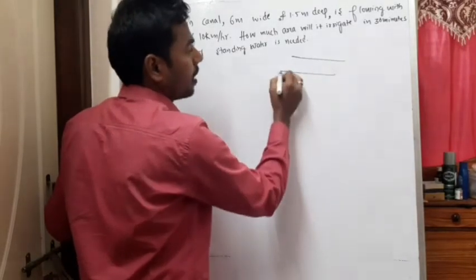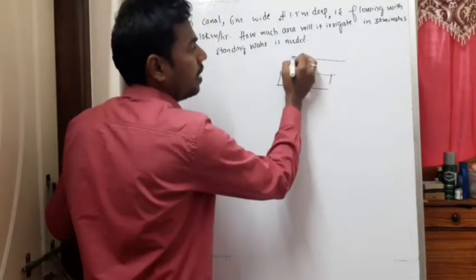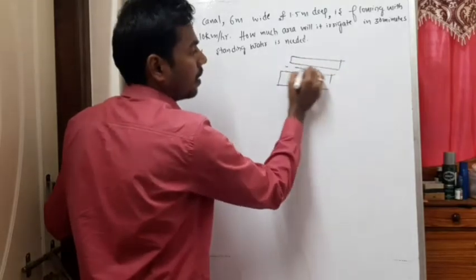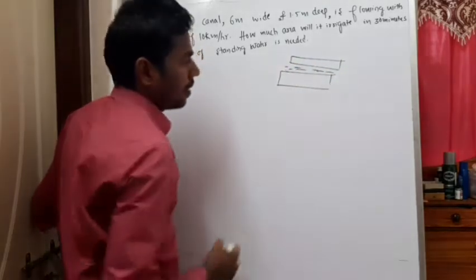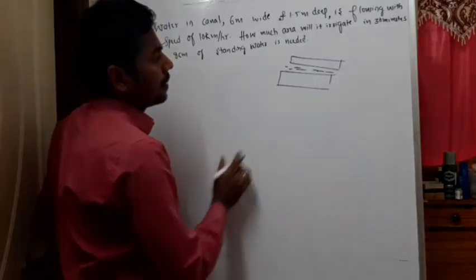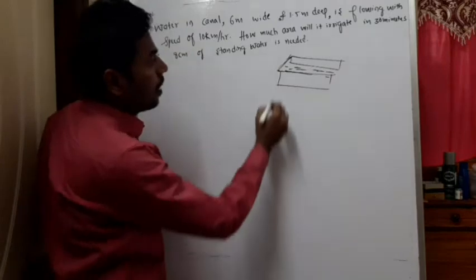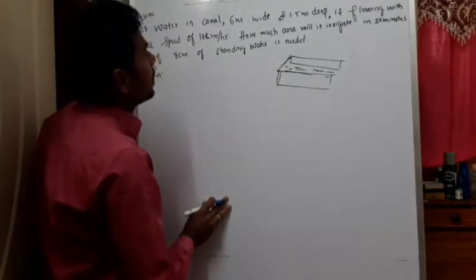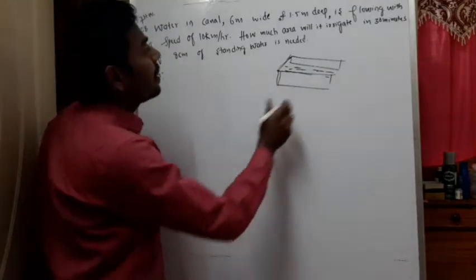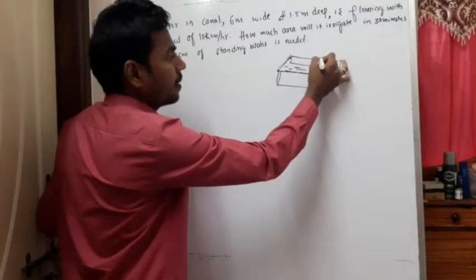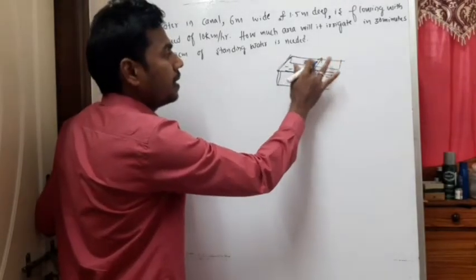Okay, there is a canal. So through this canal, water is flowing. Now, this canal is 6 meter wide. So this is 6 meter.